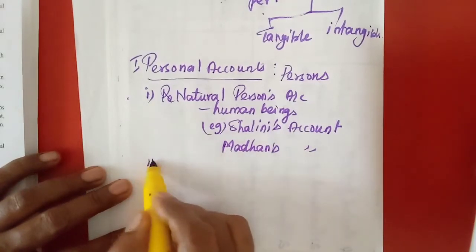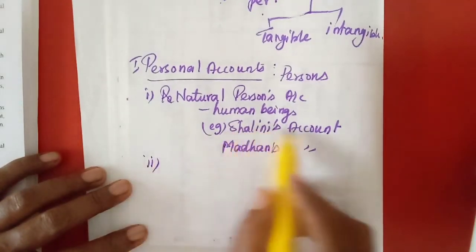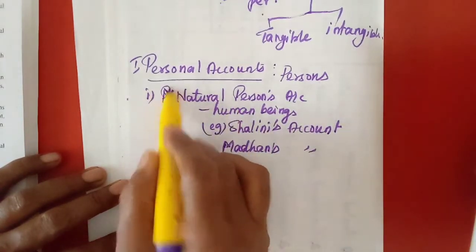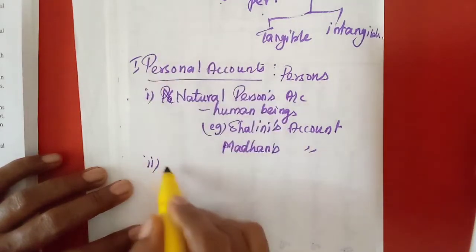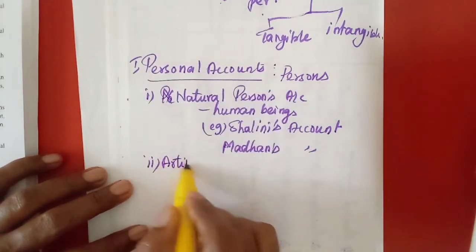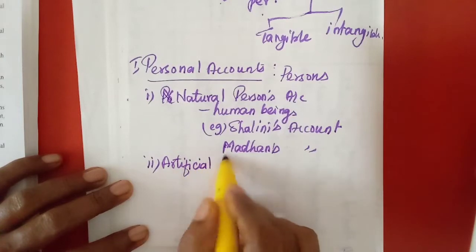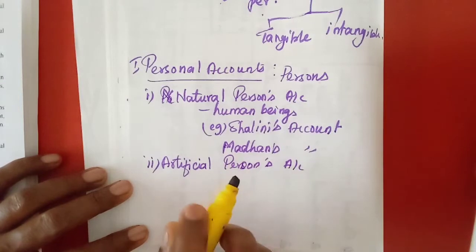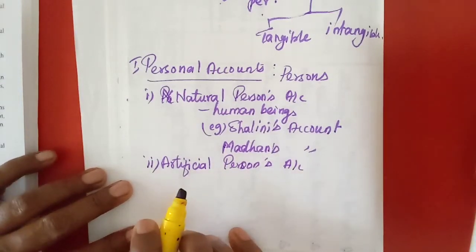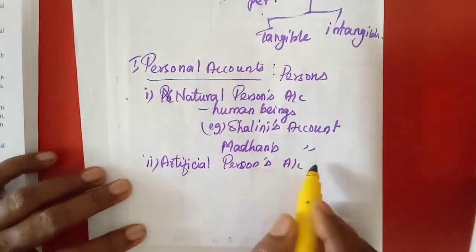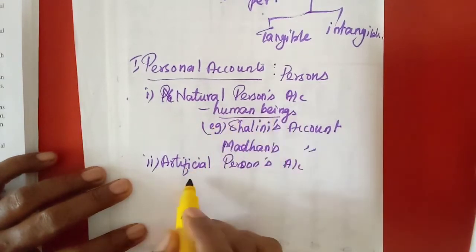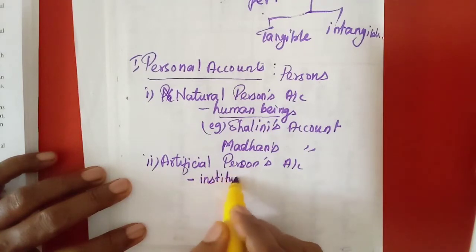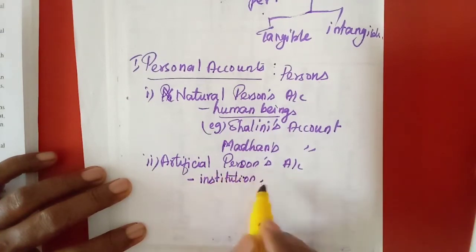All the names of a man or woman will come under natural person's account. Then the next one, artificial person's account. Here, they will not be human beings. It means not other than the human beings, maybe an institution or a company.